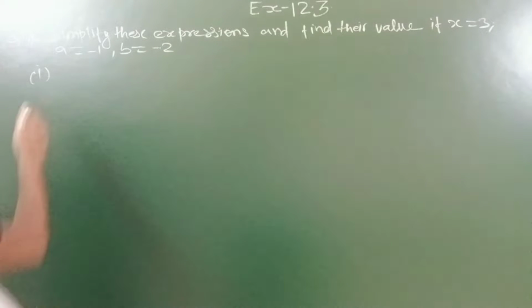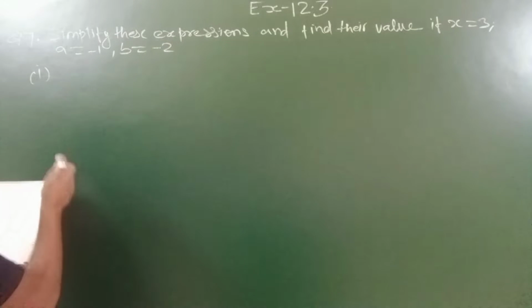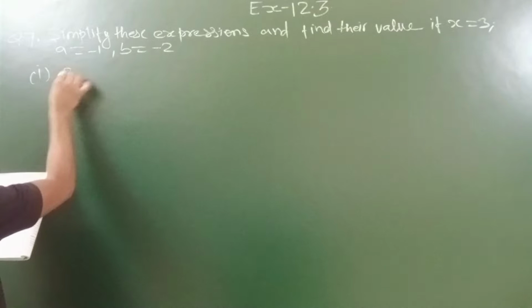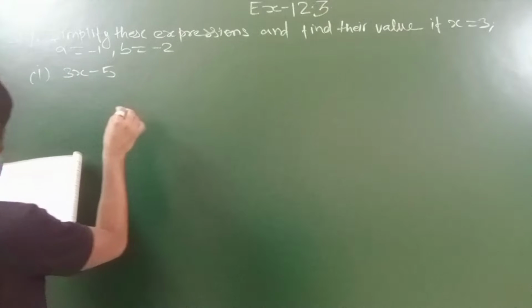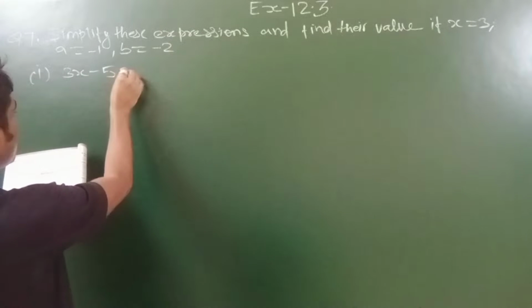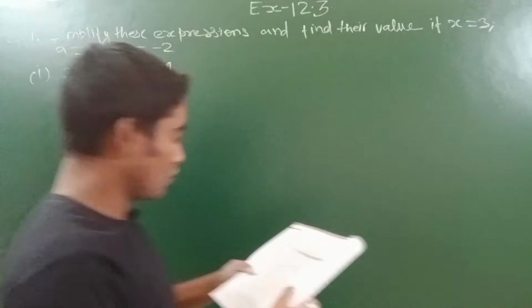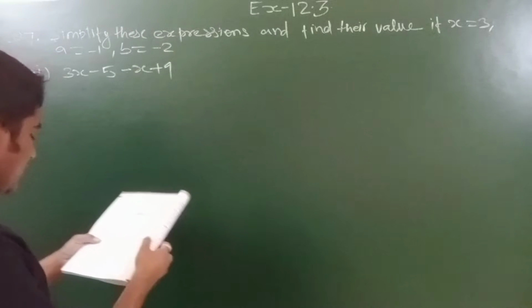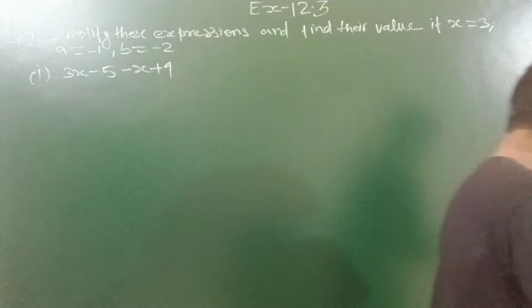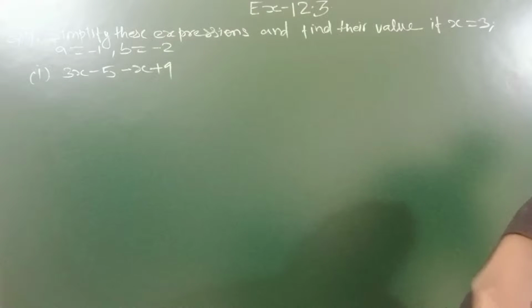Okay, now the very first expression given, students, is 3x minus 5 minus x plus 9. If you look at the expression, it is not in simplified form.